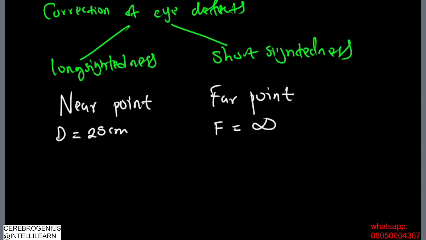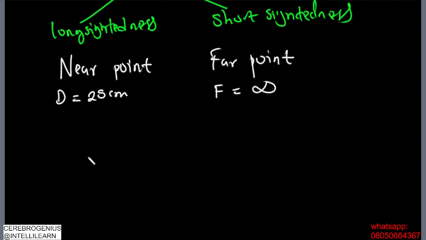So let's see how this is going to work. So let's assume that you have someone whose distance of distinct vision, instead of being at 25 centimeter, is now at maybe 70 centimeter.